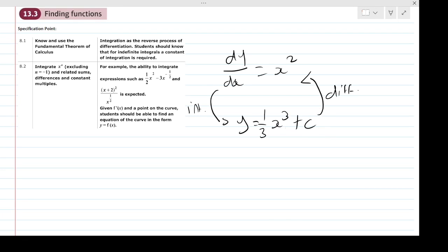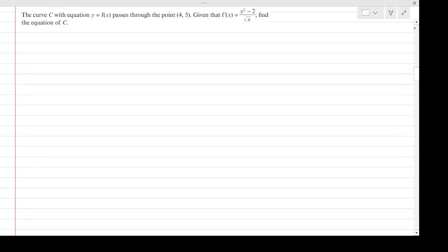Usually we're going to try to find a point on the curve to substitute into the equation to get this c, so we can find the precise answer for what y is, the precise number for c. So let's have a look at some examples to illustrate what I mean.